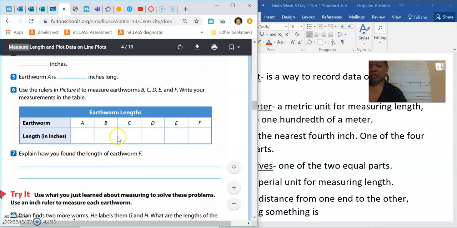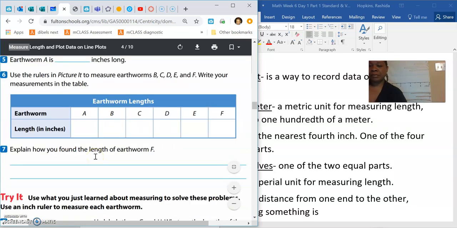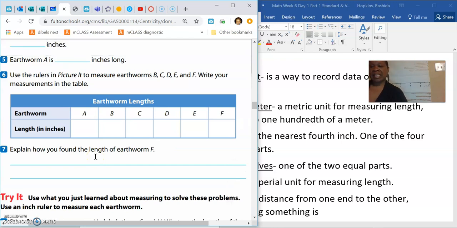And letter A, we pretty much just plug those in above. But I want to jump in before we run out of time. Explain how you found the length of earthworm F. So we're going to jump to letter F. And we know that earthworm F, if I pull this up and you guys are looking at your own page as well, went from the 0 all the way here.